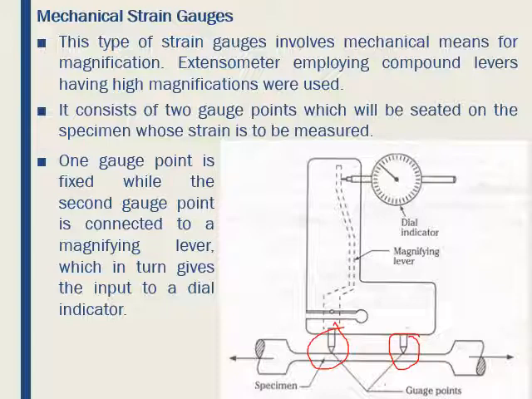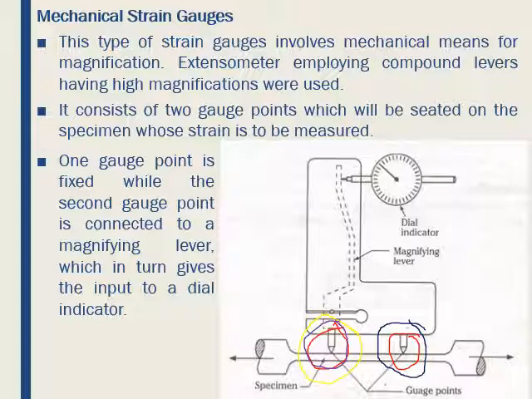Among these two gauge points, this one is the fixed one, whereas this one is the movable one. So this stationary fixed gauge point is placed over one end point of the gauge length.